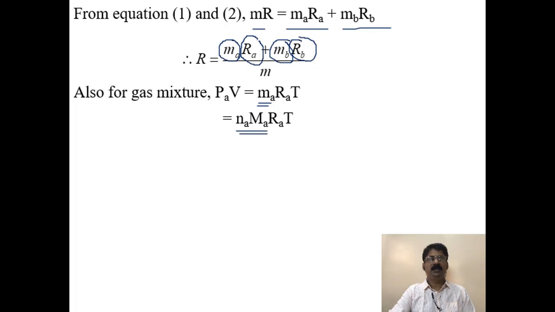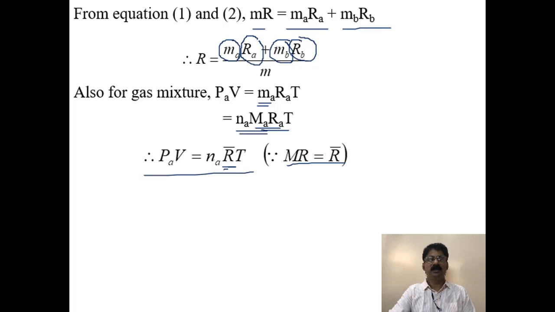So you can write PA V = NA MA RA T. Here the product of molecular weight and characteristic gas constant, MA RA, you can write as R bar, because that is a constant for all gases. The product of molecular weight and gas constant is the universal gas constant, and its value is the same for all gases. So you can write PA V = NA R bar T.